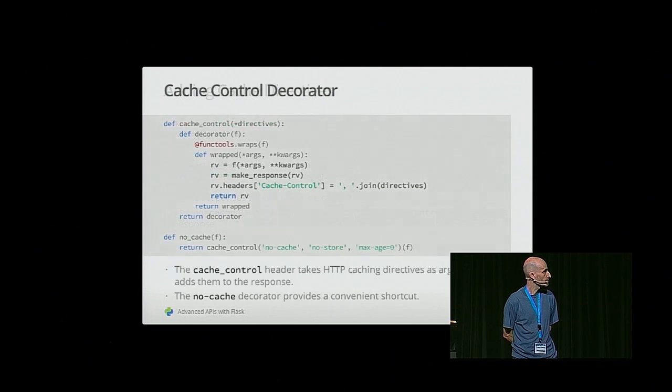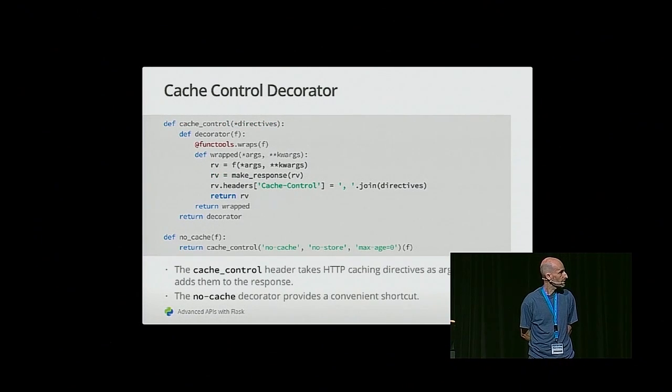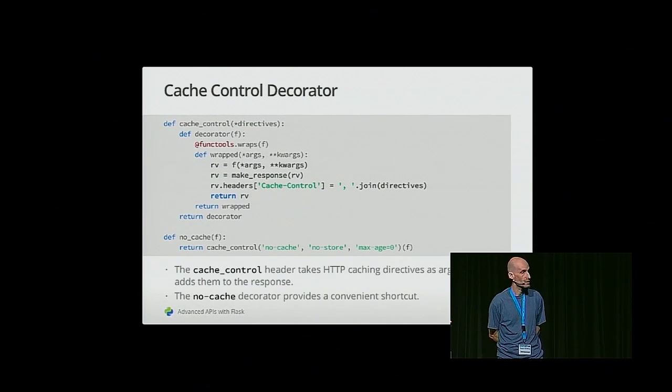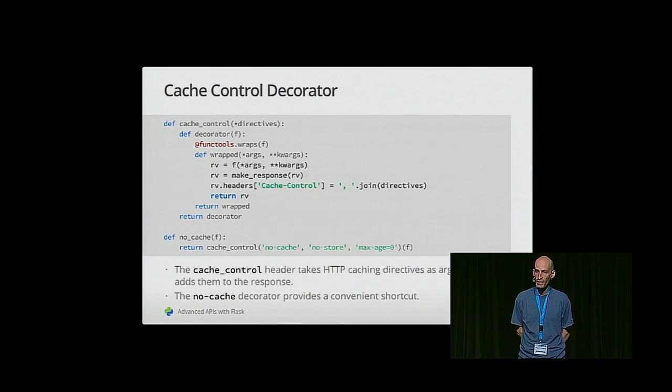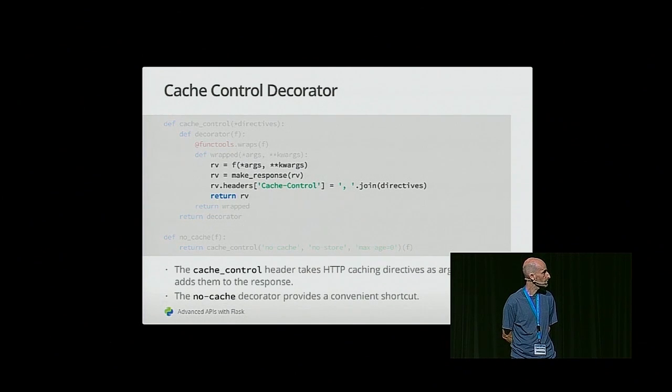And this is how it's implemented. For this, I decided to implement a decorator that's a generic version of the cache control. That's at the top. This one takes a list of cache control directives, and it just sticks them in the response. And that's this.